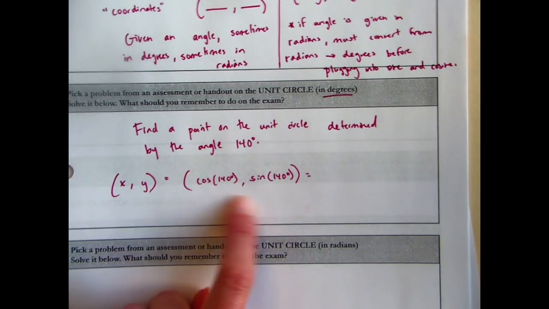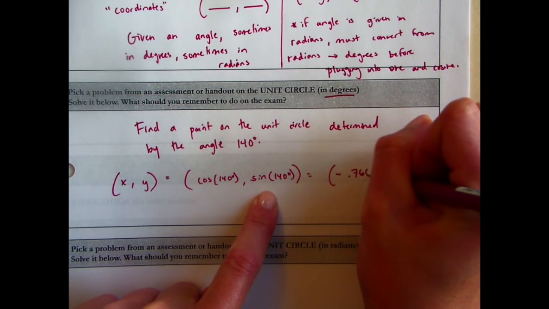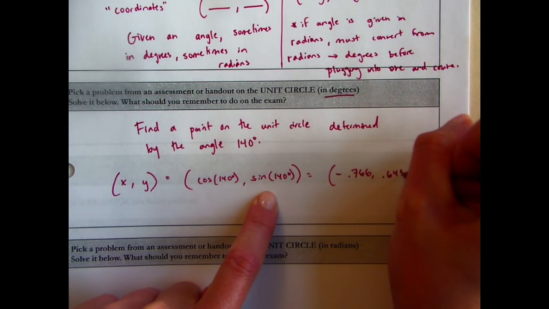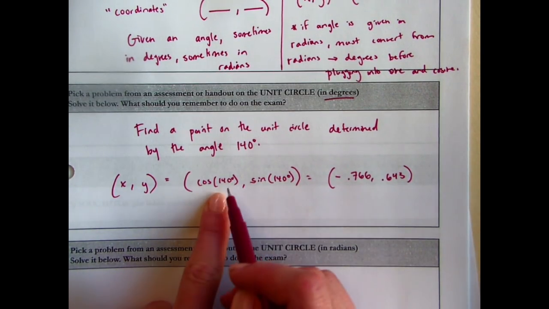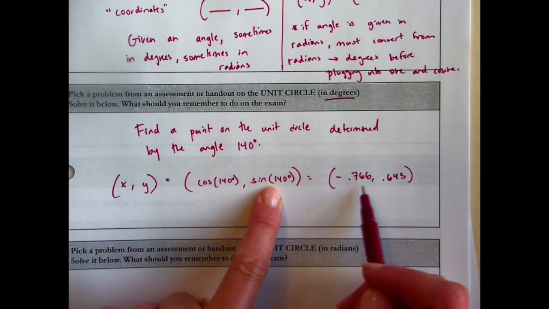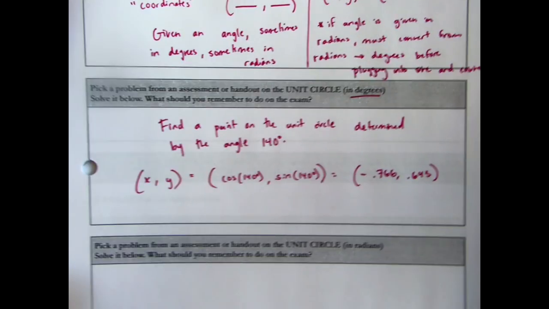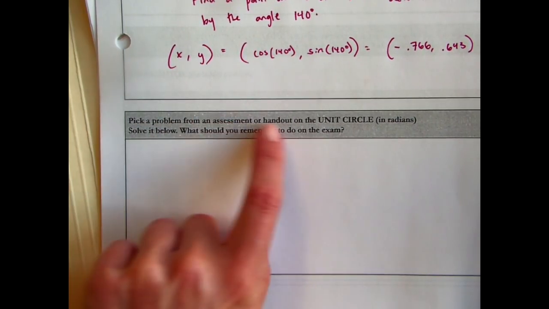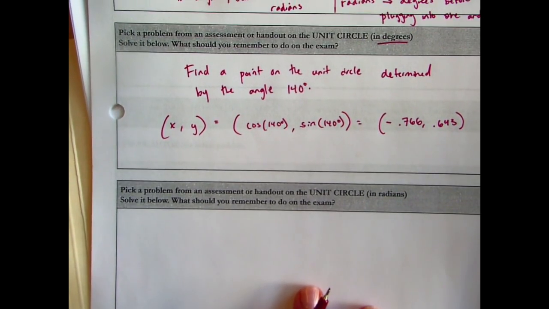The first thing I have to remember is to convert 2 pi over 3 into degrees. So I'm going to use my equation here.